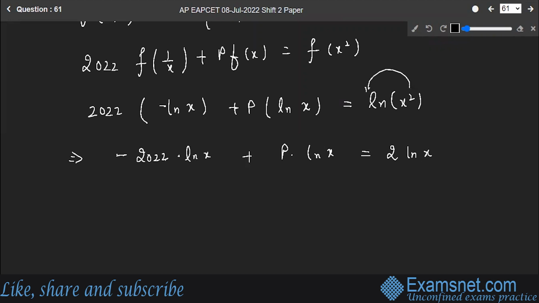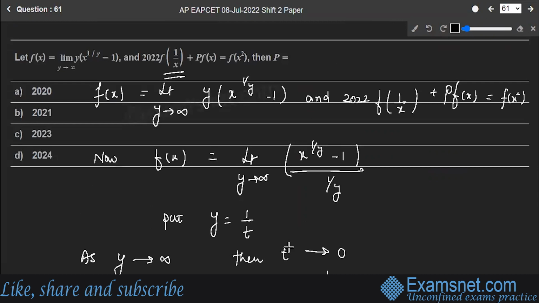This x will come, this 2 will come over here, 2 into natural log x. So minus 2022 plus p is equal to 2, or p is equal to 2024. This is what you have to find out in the question.